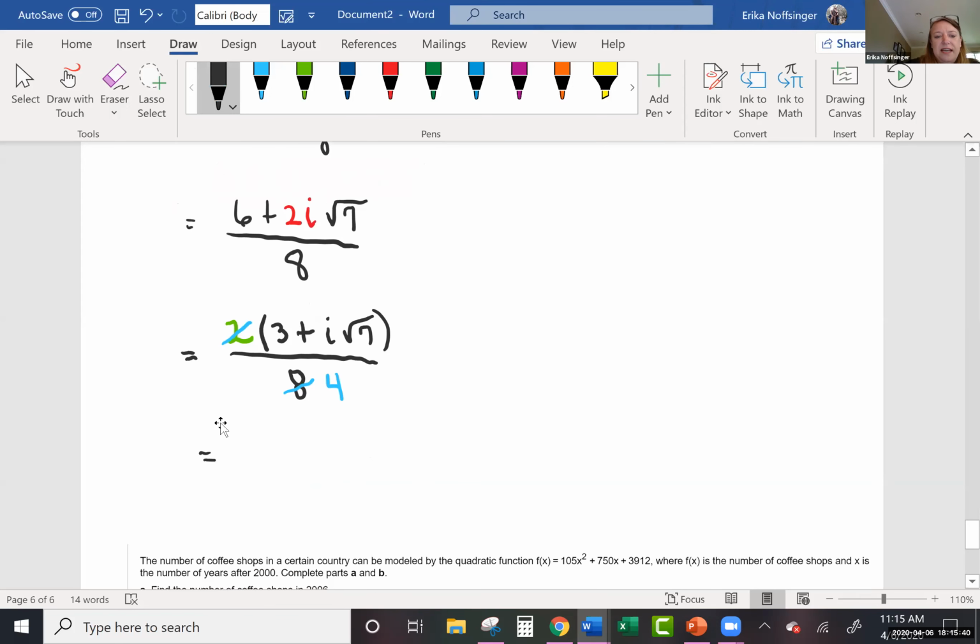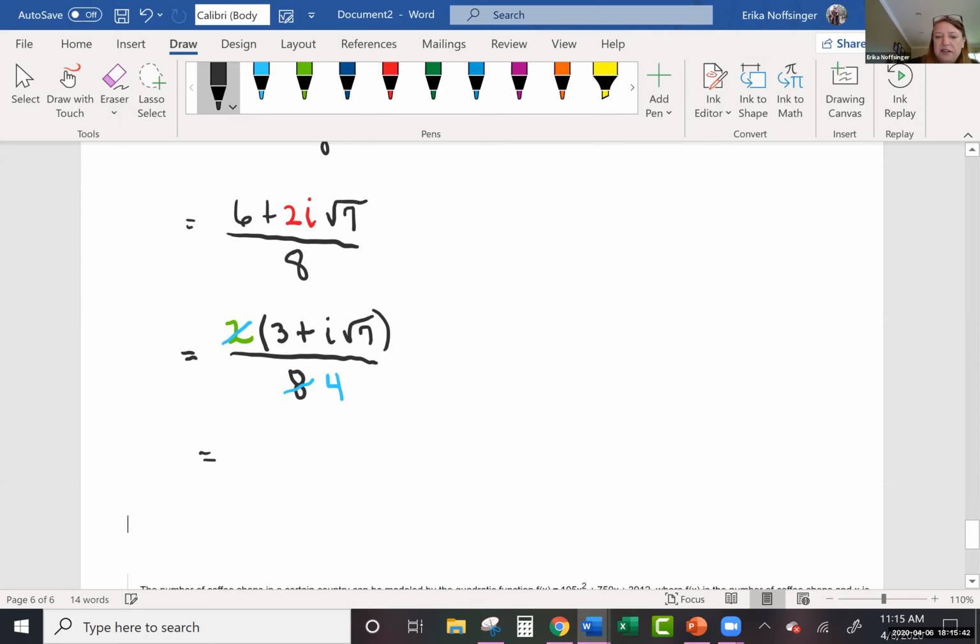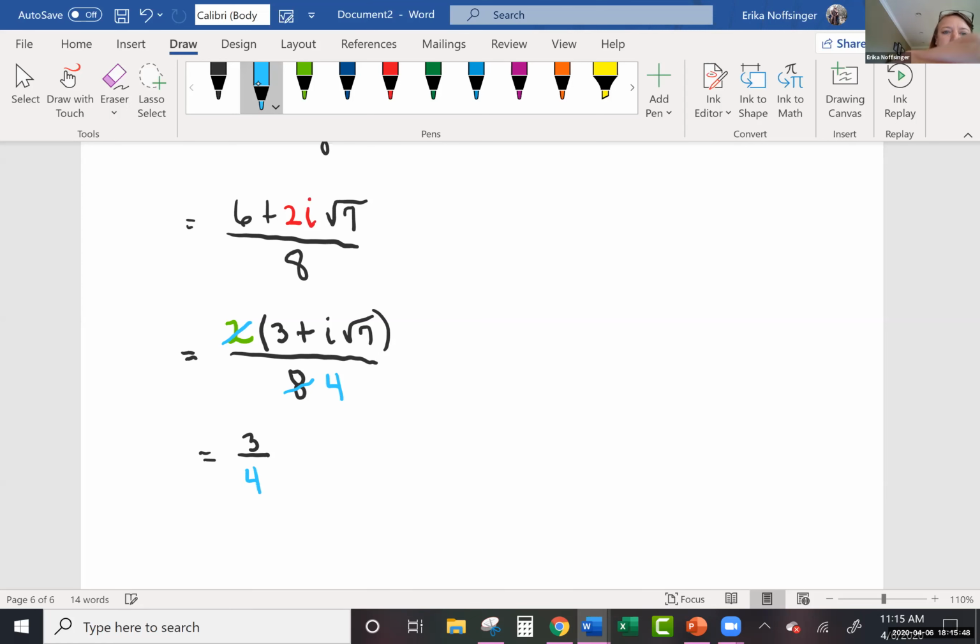So we want to break this down as 2 separate fractions. I can break this down as 3 all over 4 plus, in a plus bi form, I'm going to just put the i after the fraction. So this is root 7 all over the denominator of 4, and I'm just going to put the i here.